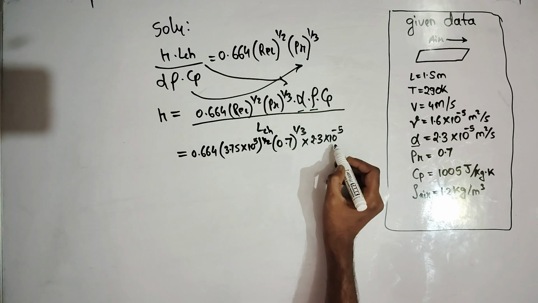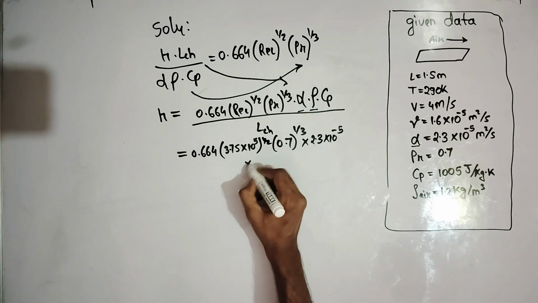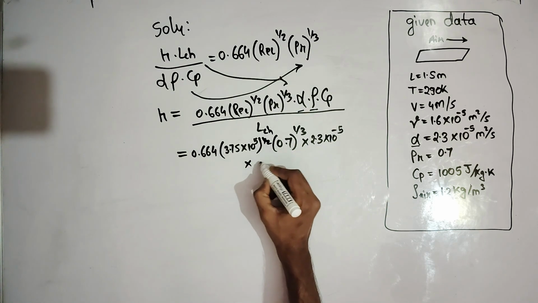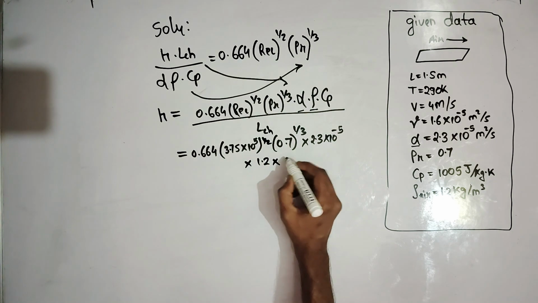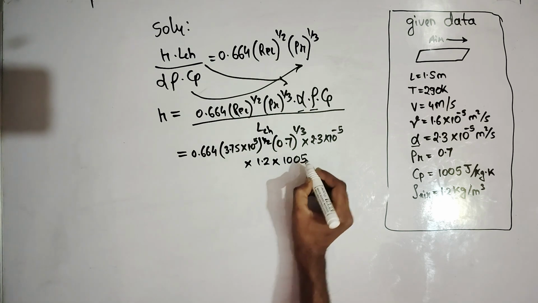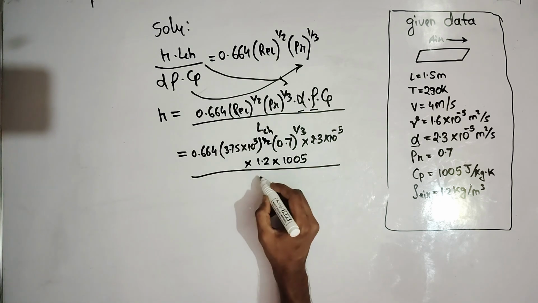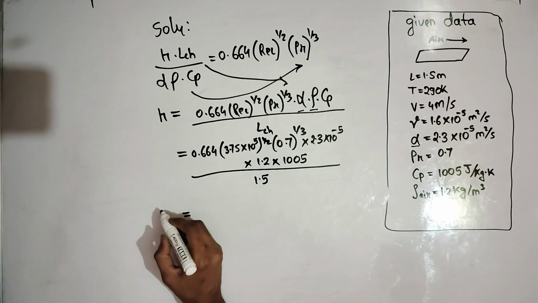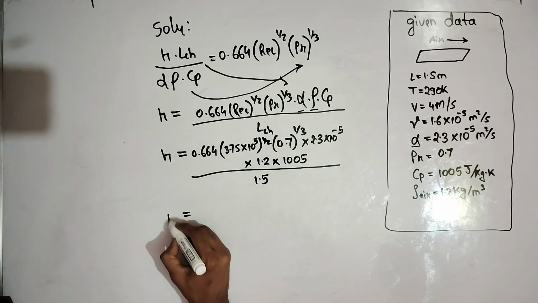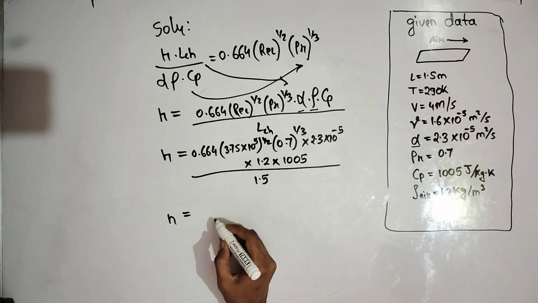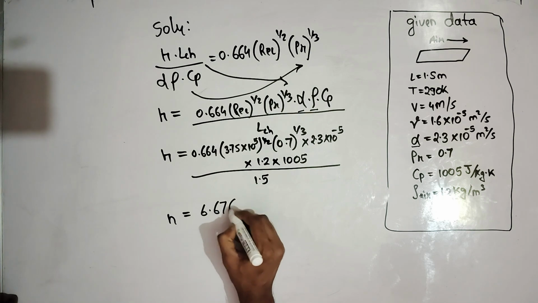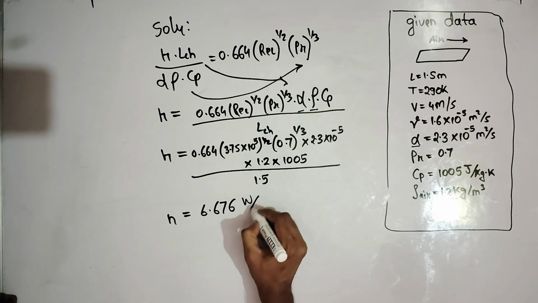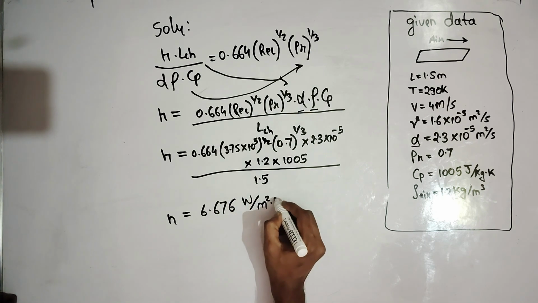This is thermal diffusivity, into density, 1.2 kg per meter cube, and Cp is given as 1005. This whole is divided by length, which is 1.5. So after calculating these values, we get 6.676 watt per meter square Kelvin.